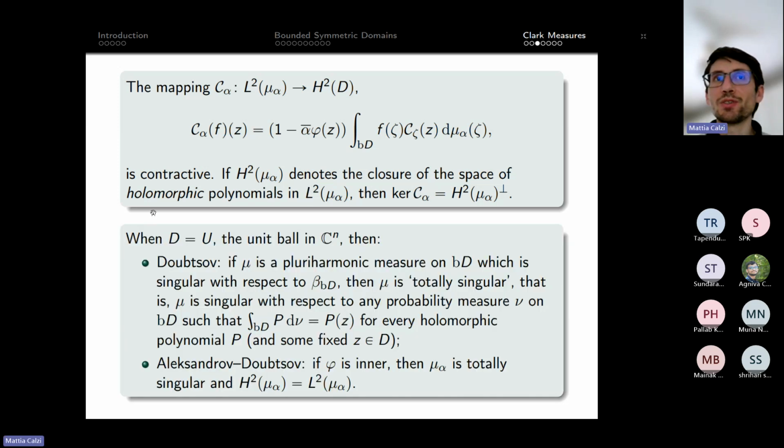And here are some results on this normalized Cauchy transform. So if you take the unit ball, which is our first example, then one may show that any pluriharmonic measure on the Shilov boundary, which is singular with respect to the canonical measure, which is simply a Hausdorff measure on the boundary of U, then this measure is totally singular, which means that it is singular with respect to any probability measure which gives point evaluation on holomorphic polynomials.